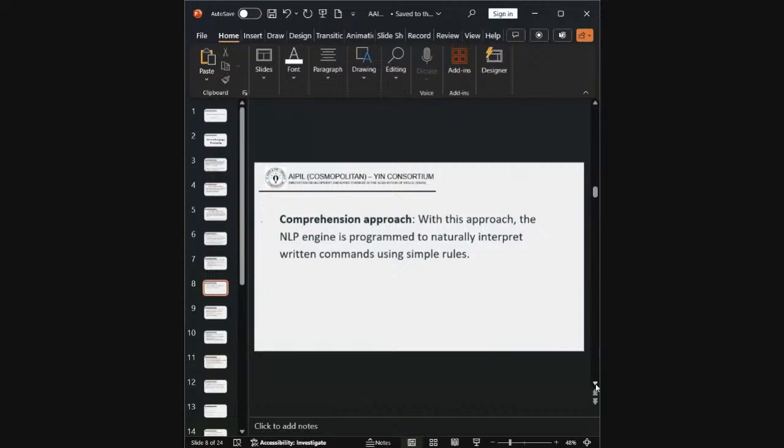With this approach, the natural language processing engine is programmed to naturally interpret written commands. We have got it to the stage where they can recognize that this is text-based, recognize that this is speech-based, and then we'll be able to interpret the written commands or the speech-to-text commands that we are working with.